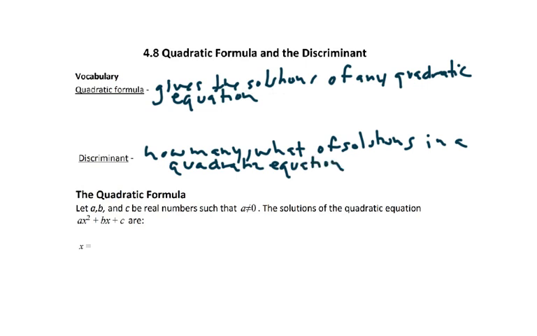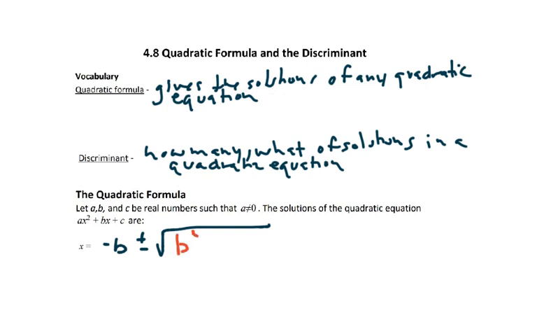All right, so first of all, let's give you the quadratic formula. A lot of you have heard this before, probably even have it memorized, but just in case, I want you to have it copied down. So here it is. It starts out with x equals negative b, plus or minus, because there's going to be two answers, the square root, I'm going to make this a big square root, of, and I'm going to put this in a different color because what I'm writing right now is the discriminant.